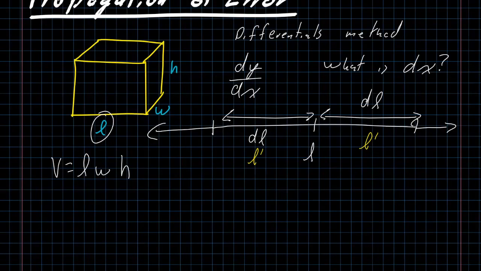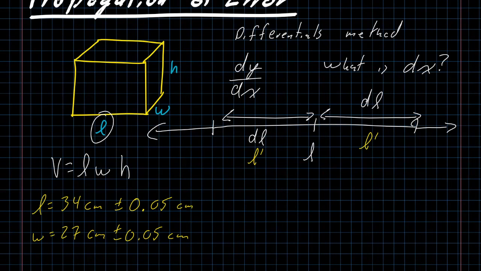So if I measure my box and I get that the length is 34 centimeters plus or minus 0.05 centimeters. The width is 27 centimeters plus or minus 0.05 centimeters.